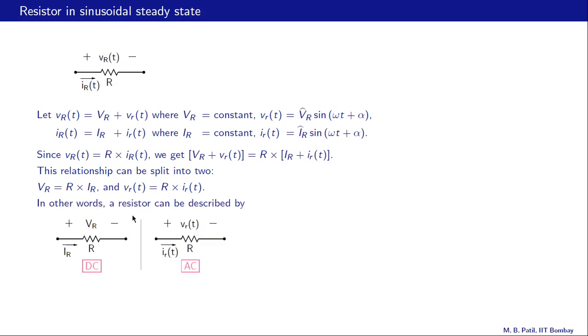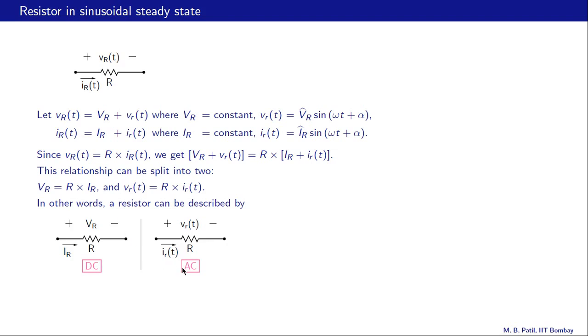In other words, we can think of a resistor in this situation where there is a DC and sinusoidal part to be described by two circuits, a DC circuit and an AC circuit. In the DC circuit, we have the DC quantities, capital V, capital R, and capital I, capital R. They are related by this equation, which is the resistor equation.